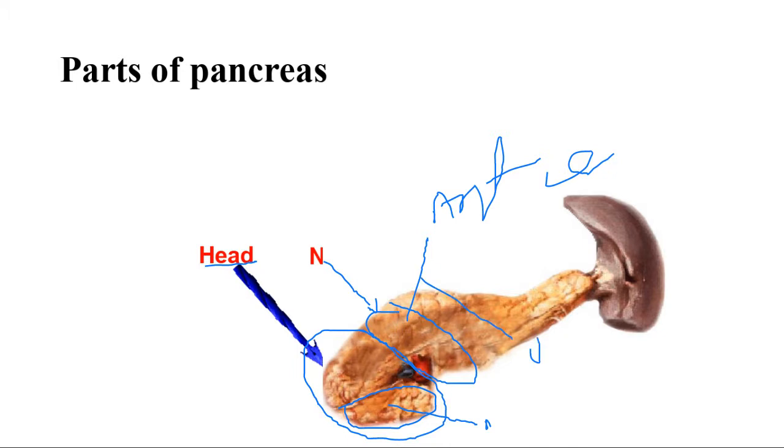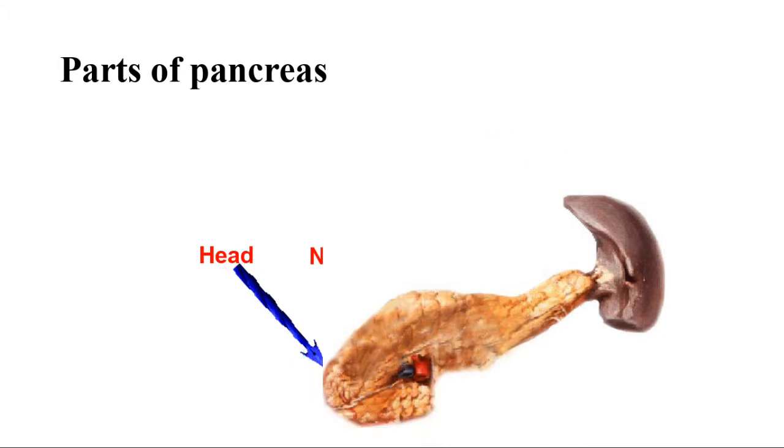Okay, like this. Next, if the pointer is here, identify this part of this organ. What you have to write: this is the body of the pancreas. In the body, name two muscles related to this?